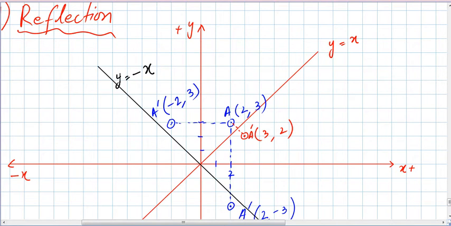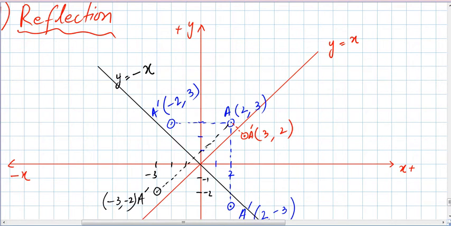And you will see that the point A becomes minus 3, minus 2 after the reflection about this line, the black one. Now this is A dash, and you will see that this is the reflection of A, and its coordinates are minus 3, minus 2.